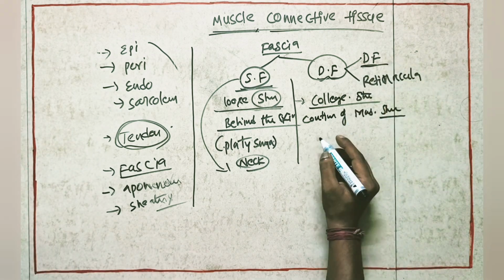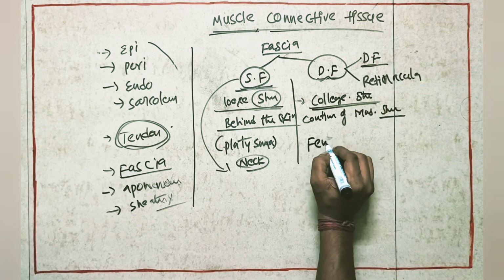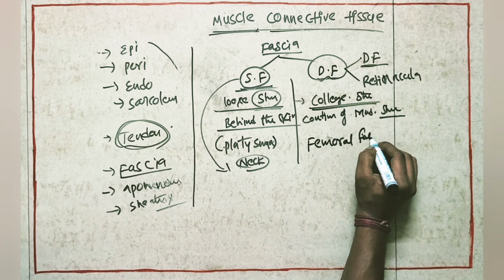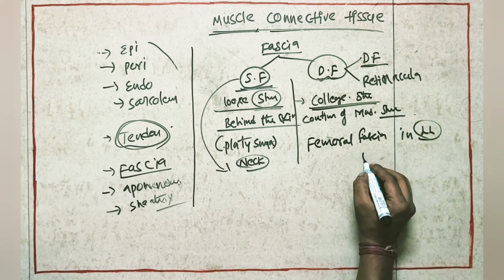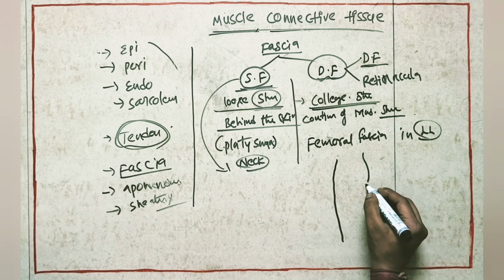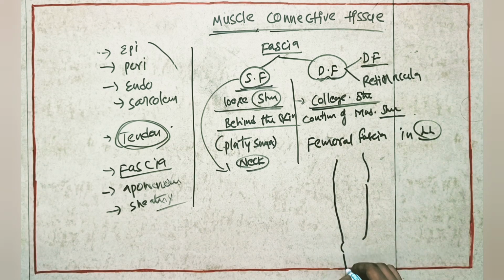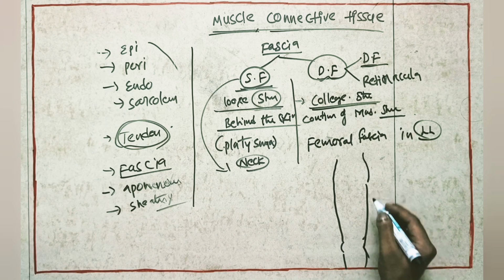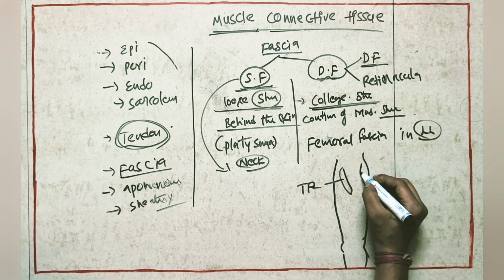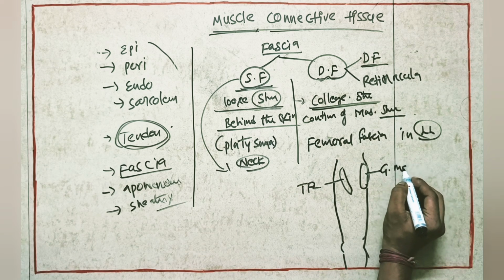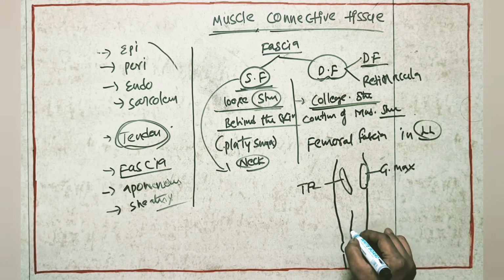Example, for deep fascia we can take femoral fascia in the lower limb. Suppose this is our gluteal region, this is our front region. Okay, this is thigh. So here we'll be having patella. This is our leg. So here we'll be having tensor fascia lata, TFL muscle, and here we'll be having gluteus maximus muscle. Imagine this is our femur.